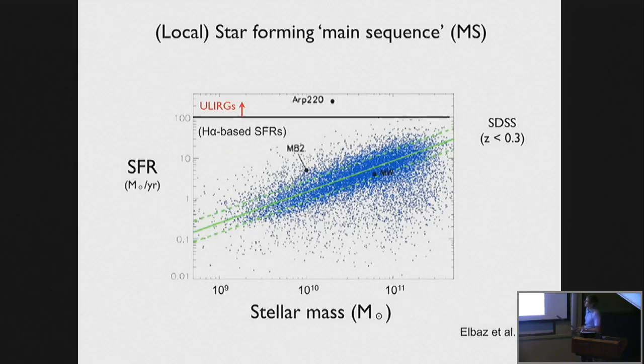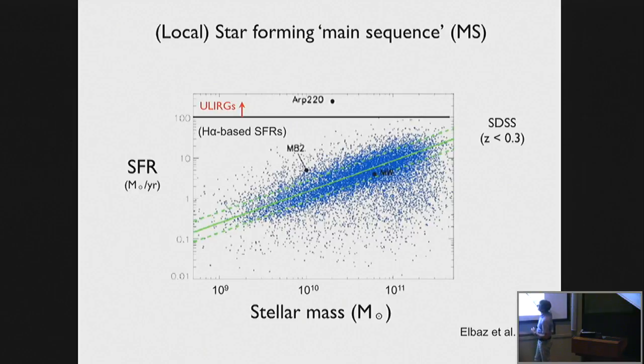But here's the problem. So, well, at between star formation rate and stellar mass, which I'm going to use the term main sequence. It causes a lot of trouble because there's a main sequence for stars, but let's just call it main sequence of star-forming galaxies.